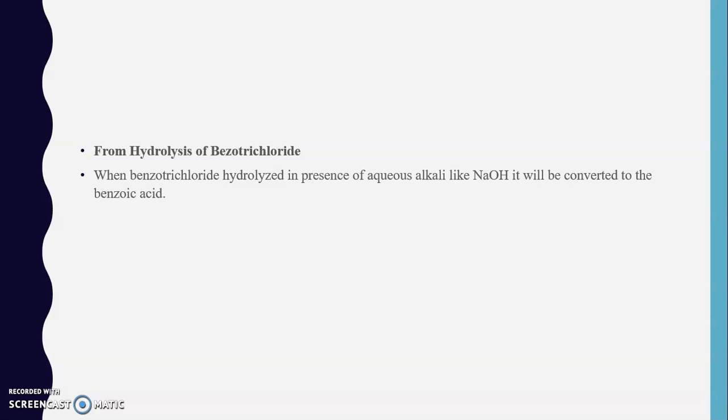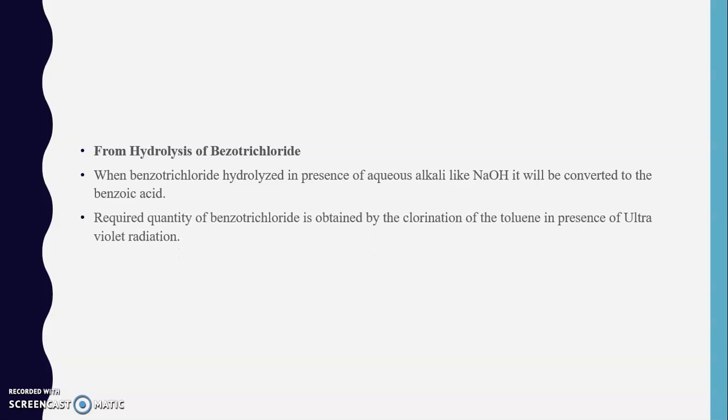The required quantity of benzotrichloride is obtained by chlorination of toluene in the presence of ultraviolet radiation, so it has to be prepared that way.